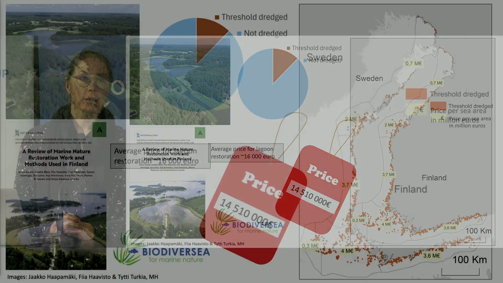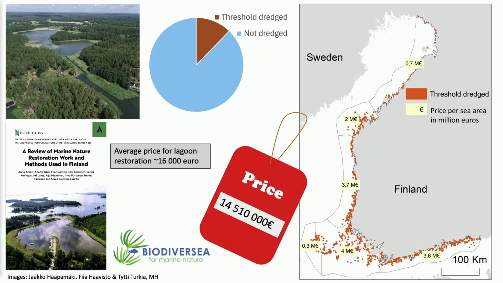Then if we look at the Finnish coastal scale, we're talking about these coastal lagoons where the threshold has been dredged. Our colleagues in Metsähallitus have done extensive work looking at aerial images throughout the whole Finnish coast and identified all of the coastal lagoons where the threshold has been dredged.